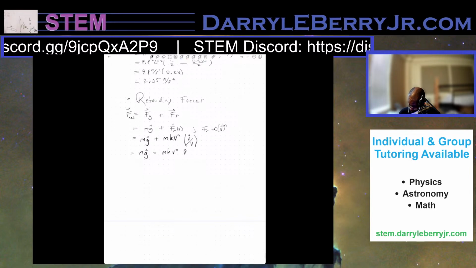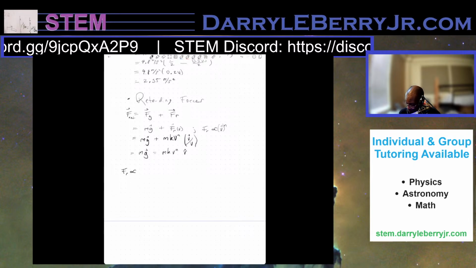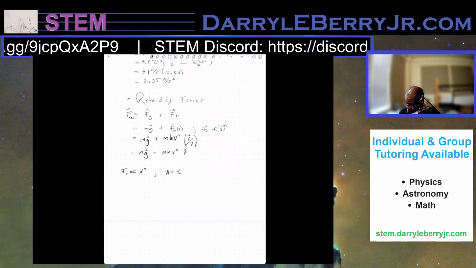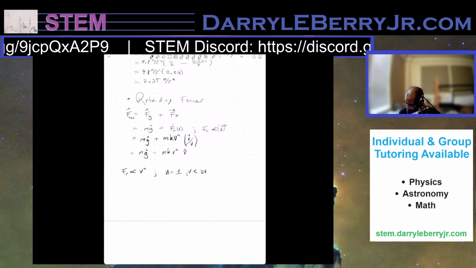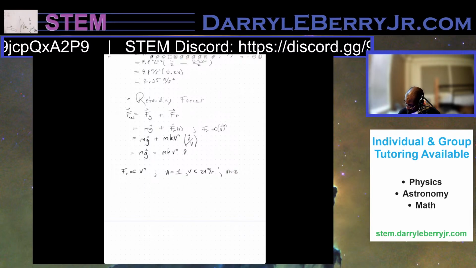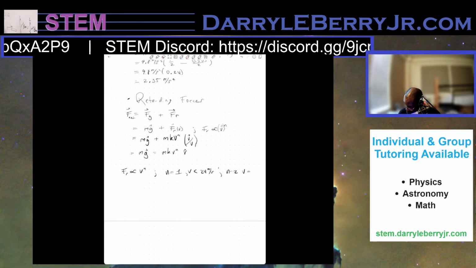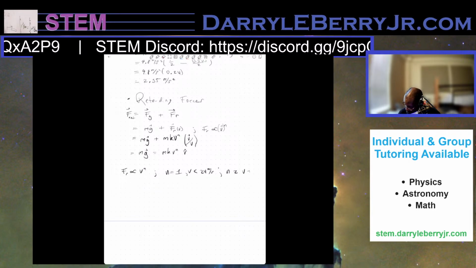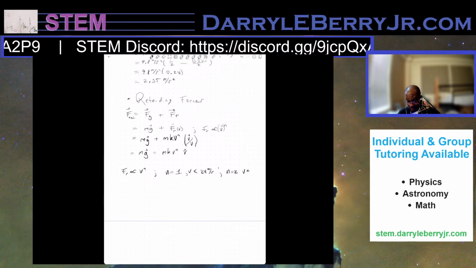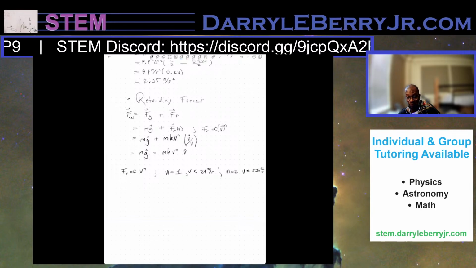So we have F_r proportional to v^n, n equals 1 if v is less than 24 meters per second, n equals 2 for v less than or equal to 330 meters per second.